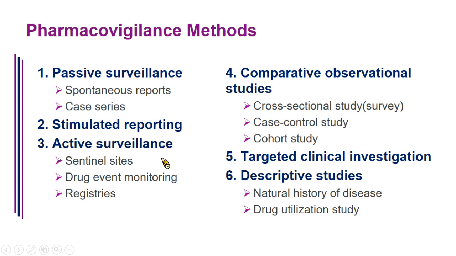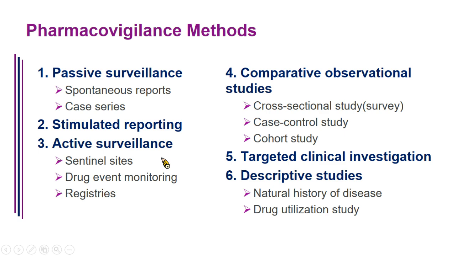We have passive surveillance, and also the more active way, active surveillance, and also the middle one, which is called stimulated reporting. So these 3 parts are reports, but in different ways.